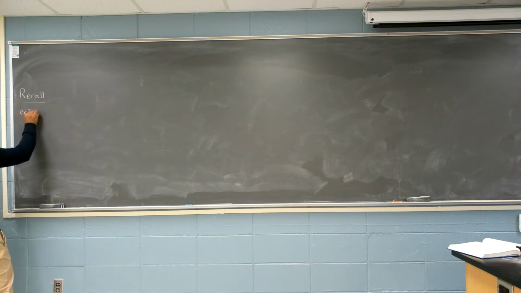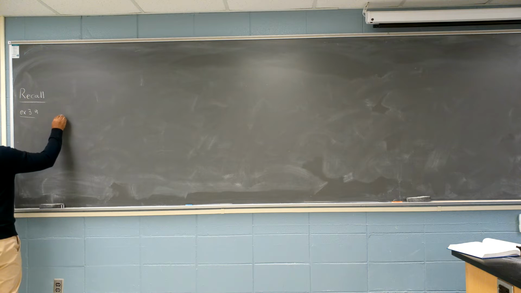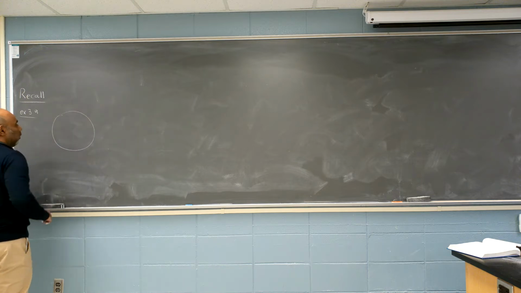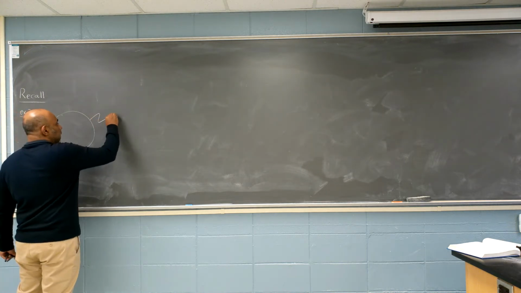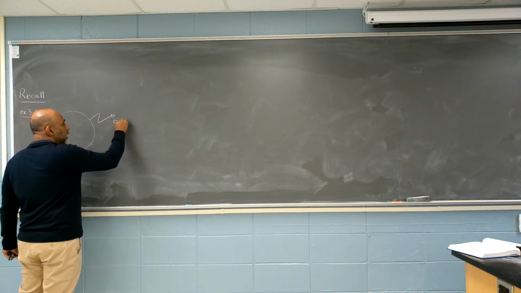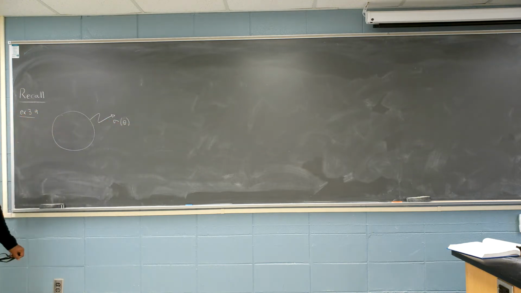Example 3.9. Here we solved Laplace's equation using spherical coordinate system, and then we found a way to solve for potential inside and outside. In this example, a charge density on the boundary is given to you.